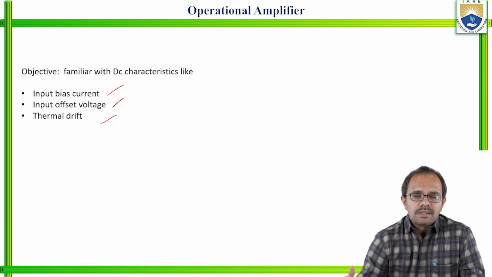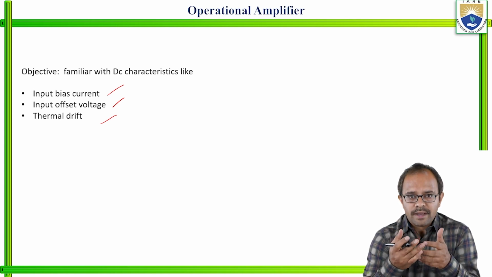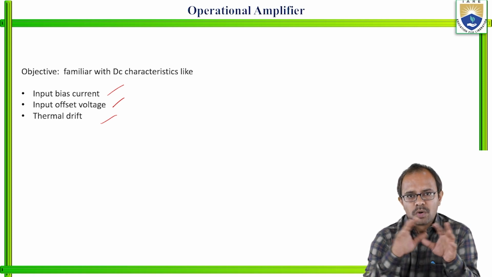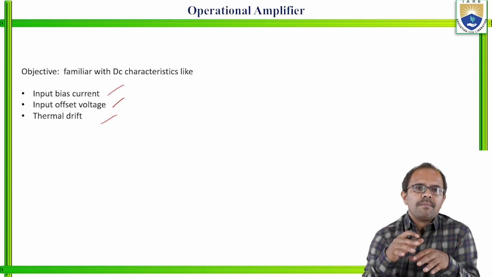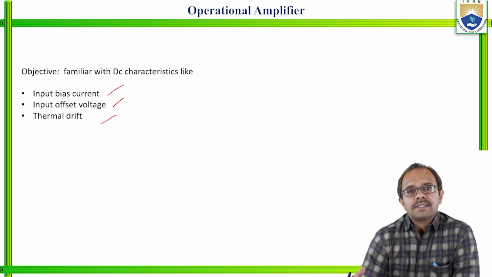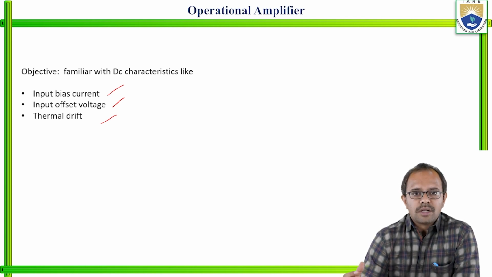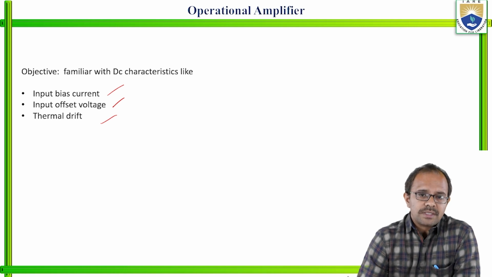If you remember, the operational amplifier consists of a differential amplifier in the first few stages of the op-amp block. So operational amplifier is not too different from any other amplifier. It is also an amplifier having a differential amplifier as the key circuit component in the operational amplifier block diagram. In that context, we studied the frequency response characteristics of the operational amplifier.